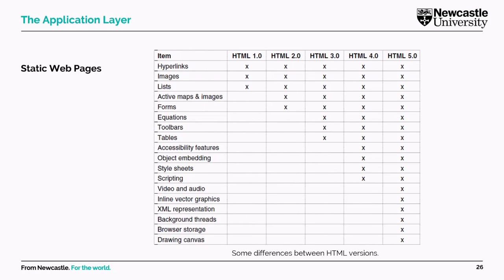Namely, video was introduced with HTML5, so you can use the video tags in HTML to specify the location of a video on a web page. So just to give you an idea how this has evolved over time, as the needs to show more and more complex information on the web have evolved as well.